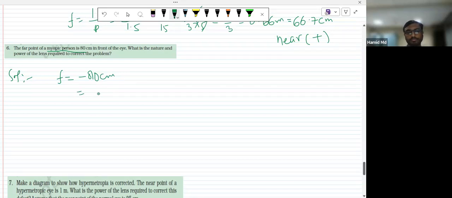So the lens used will be a concave lens. The formula for power of a lens is P equals 1 upon F. Therefore, P equals 1 upon minus 0.8. Therefore, the answer will be minus 1.25D. Is it clear to everyone?